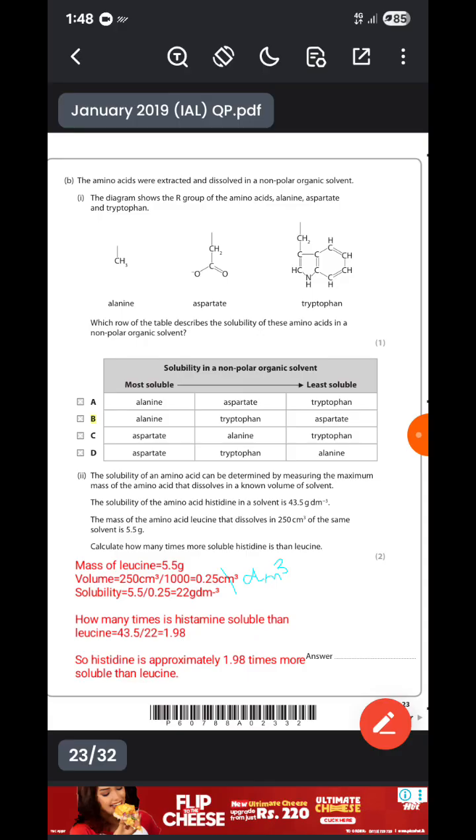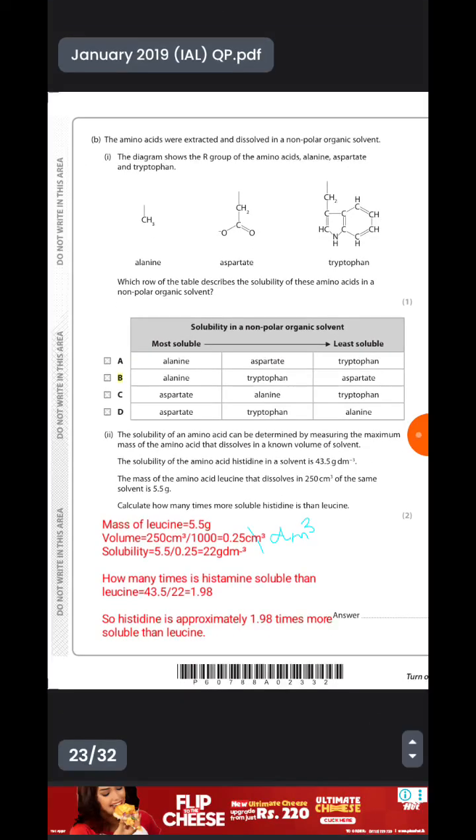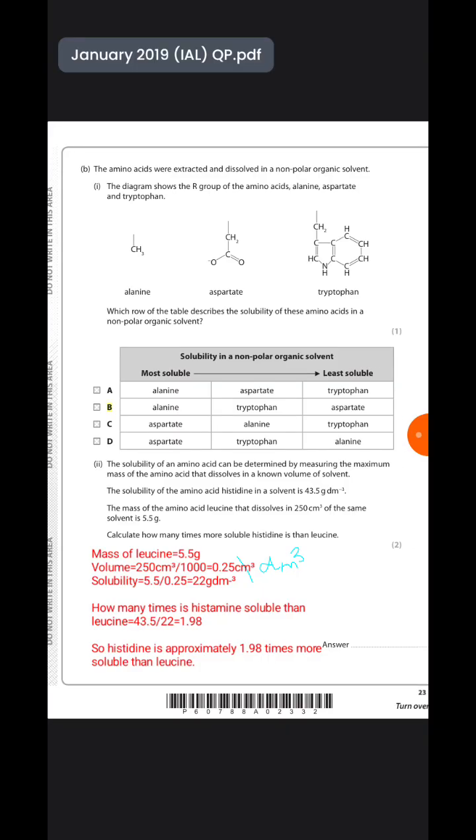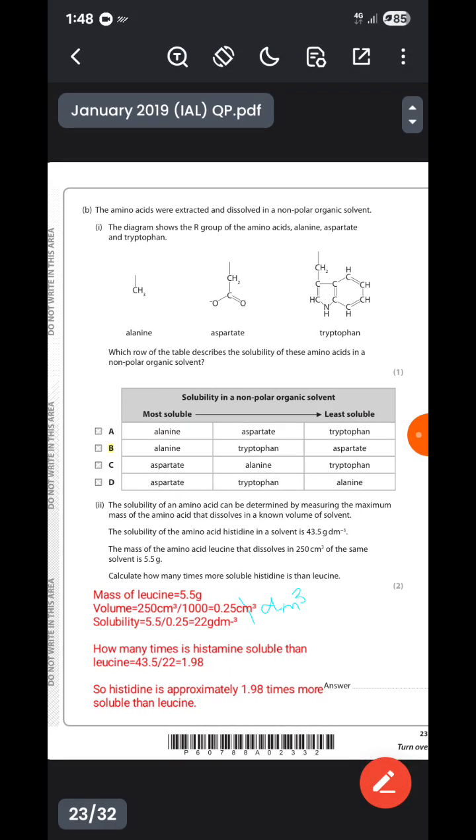So it's cm cube. Therefore, we divide 250 by 1000 and then we get 0.25 dm cube. Then to find the solubility, we must divide the mass by volume. So 5.5 divided by 0.25 equals 22 grams per dm cube. So in order to find how many times histidine is more soluble than leucine, we must divide 43.5, the solubility of histidine, by the solubility of leucine, which is 22, and we get 1.98.